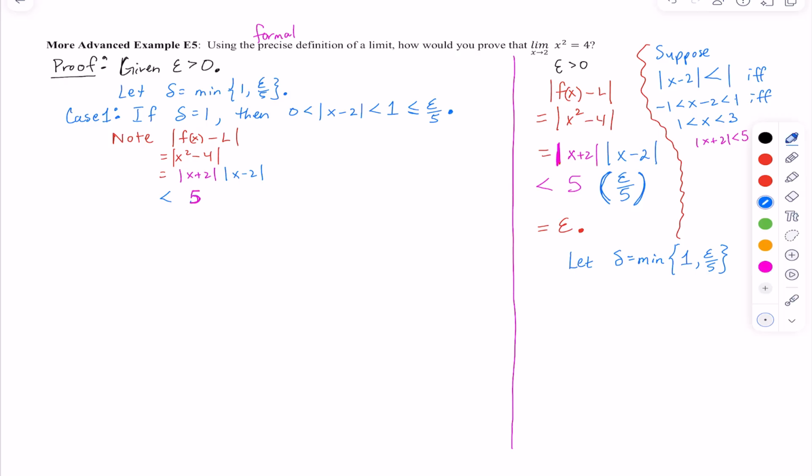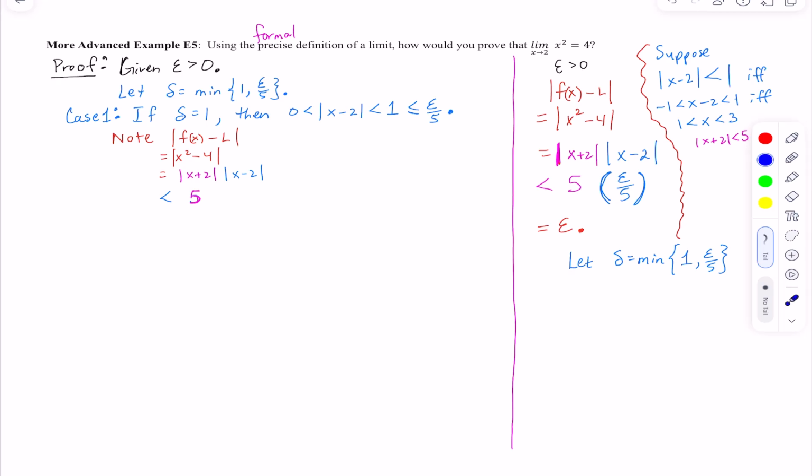We also established that the absolute value of x minus 2 is less than 1, but 1 is less than or equal to epsilon over 5. This part is already strictly less than 5, so we don't need the equal sign here on the next step.